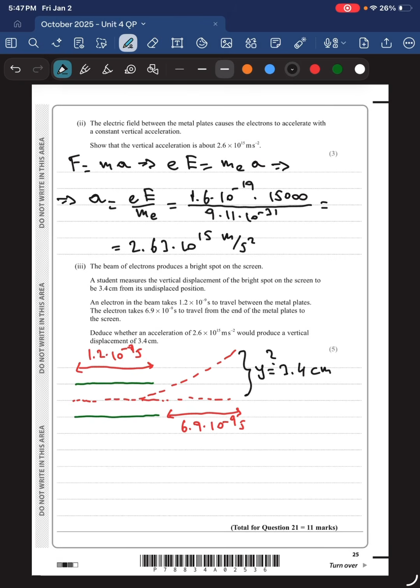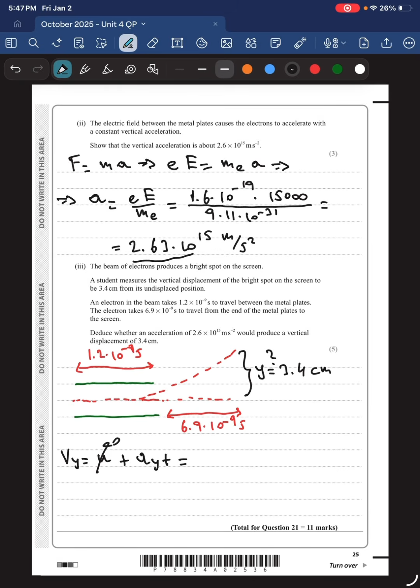A good first step is to find the velocity in the y direction inside the plates. Inside the plates, Vy is u plus ay times t, and ay is the acceleration we found earlier. Since the electrons had no acceleration in the y direction before entering the plates, the initial velocity is 0 in the y direction.